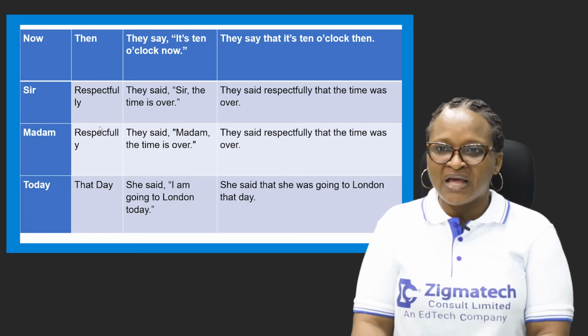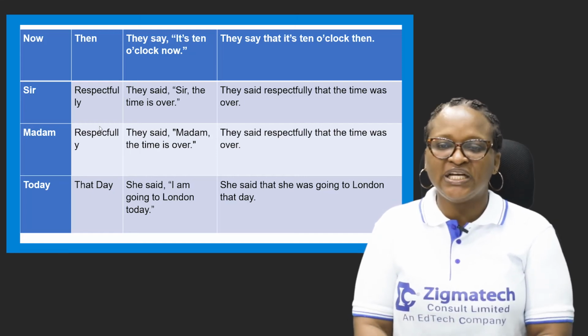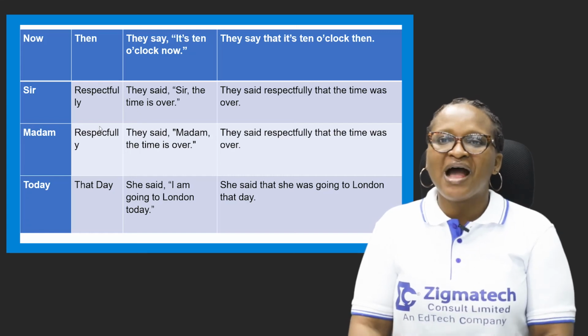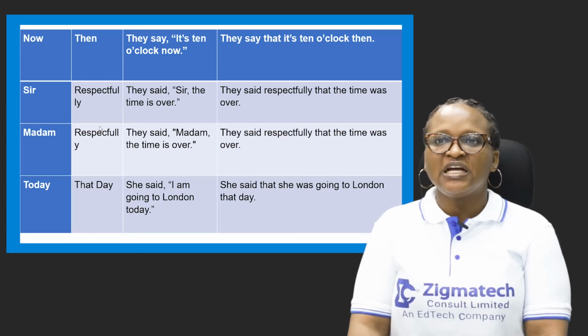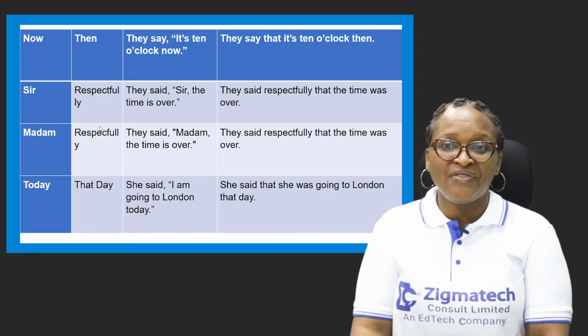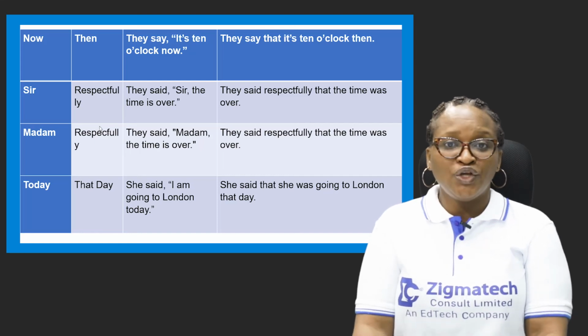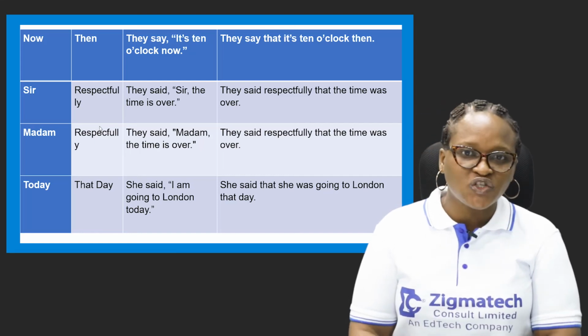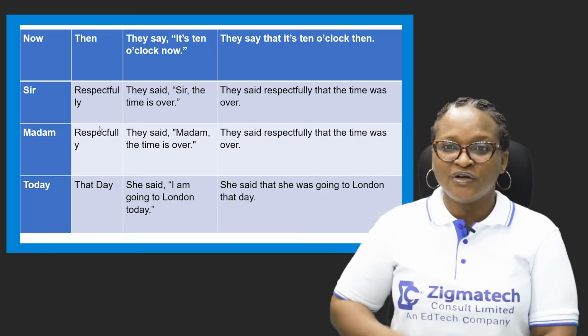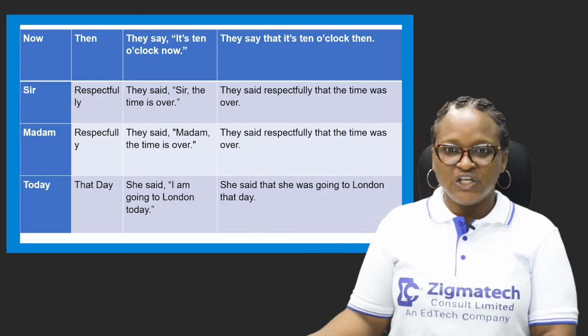That's the same thing with madam. They said respectfully that the time was over. So wherever you have sir or madam in your direct speech, when you want to change to indirect speech, you're using the word respectfully. I guess that one we shouldn't forget easily.